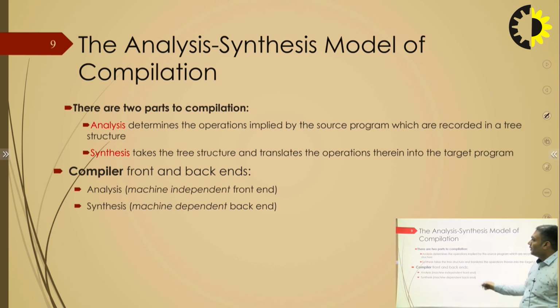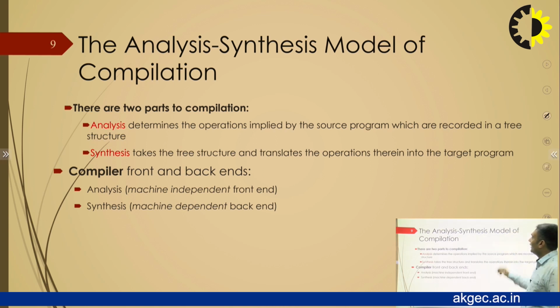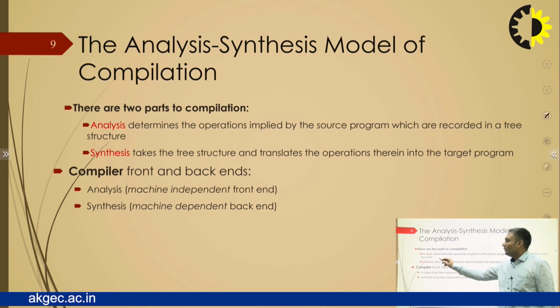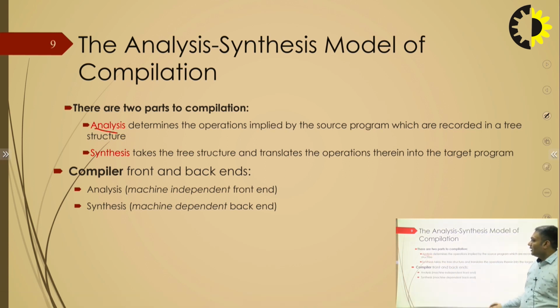These 2 parts combined are called the analysis synthesis model of compilation. The analysis part determines the operations implied by the source program, which are recorded in a tree structure. The synthesis part takes that tree structure and translates the operations into the target program.